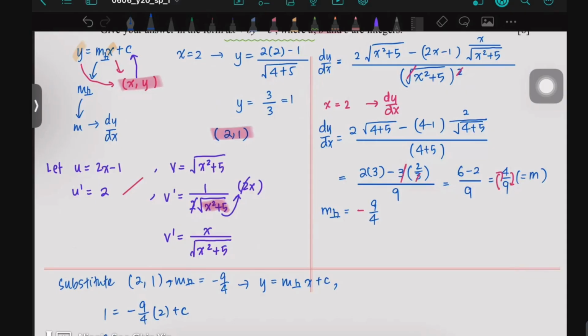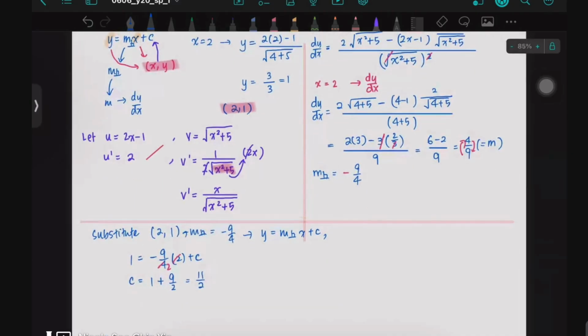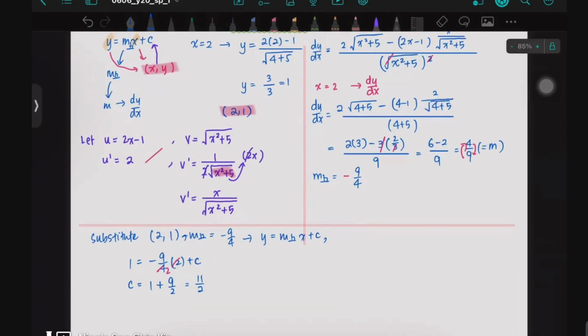So my c will equal 1 plus 9 over 2, I will get 2 over 2, 11 over 2. I try to squeeze everything in one screen so you guys can see. So in other words, my equation equals negative 9 over 4 x plus 11 over 2.